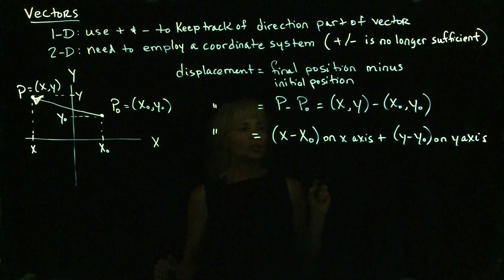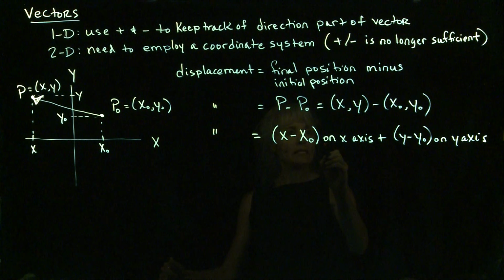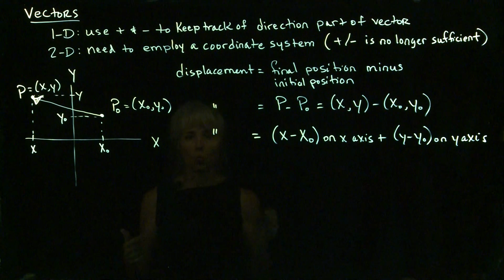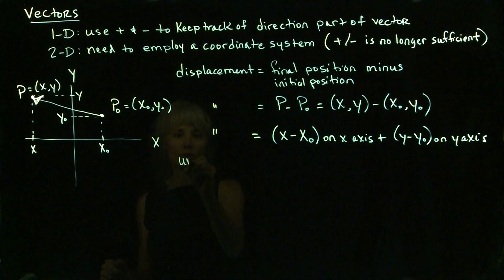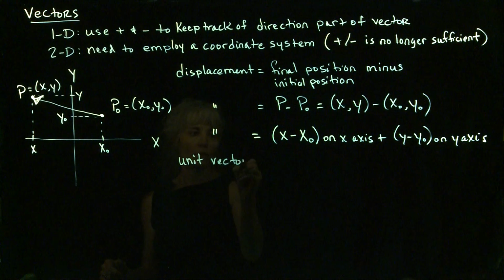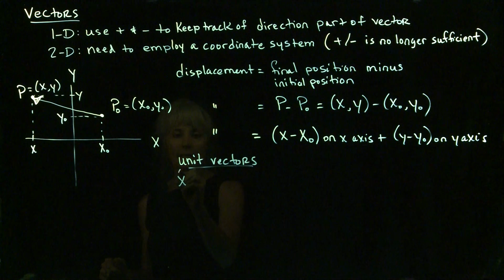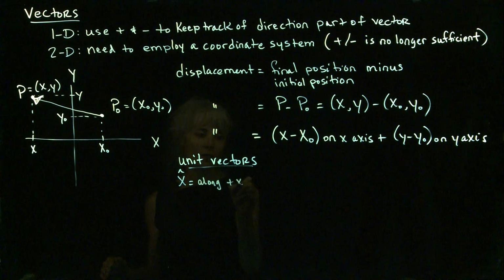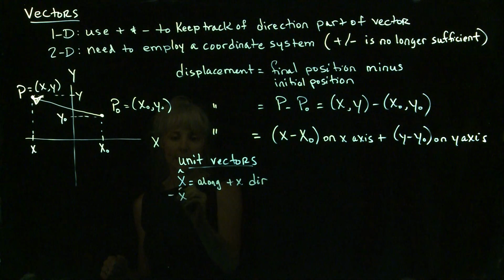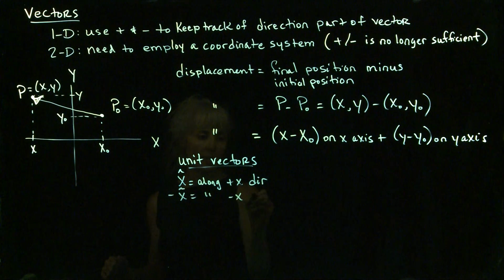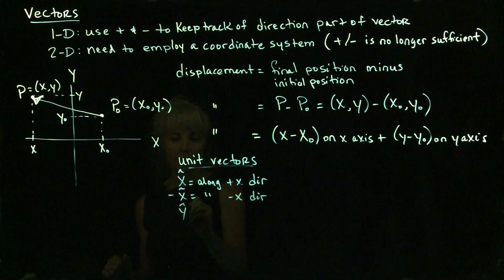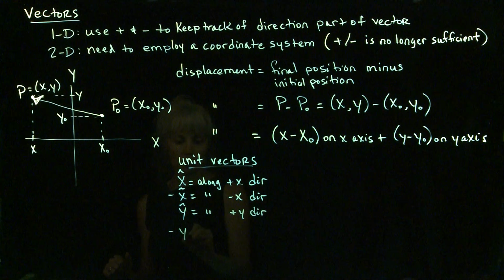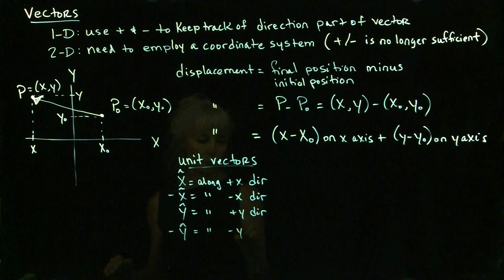And you saw in a previous video that I defined unit vectors to keep track of these words, x-axis, y-axis. So remember that the unit vectors, and you can look back at the previous video for this, x hat meant along the plus x direction, minus x hat was along the minus x direction, positive y hat was along the plus y direction, and minus y hat was along the minus y direction.